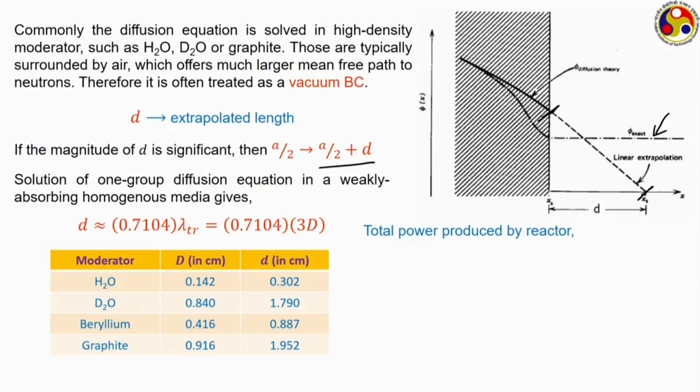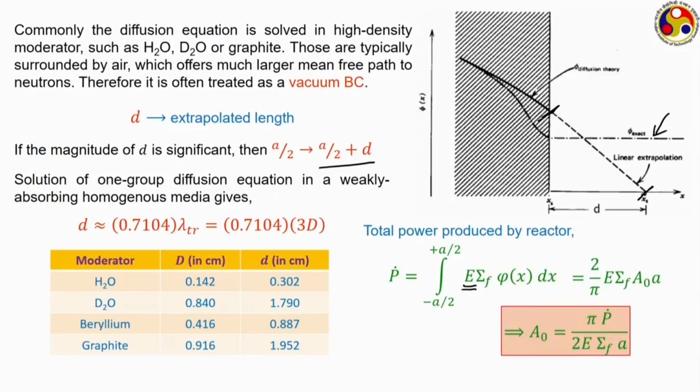So, the total power produced by the reactor can be represented by this, where E refers to the energy released by every fission reaction, times the absorption cross section, times the neutron flux, and this is being integrated from minus a by 2 to plus a by 2, that is from one edge of the reactor to the other edge, and the corresponding solution is this.